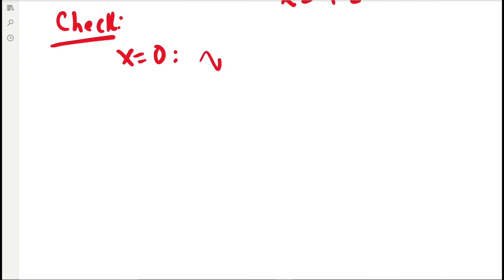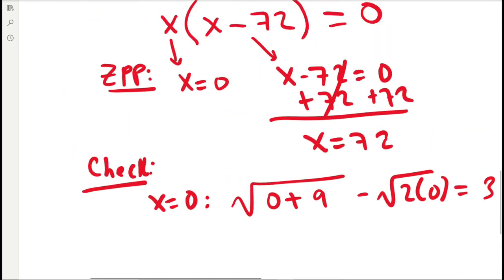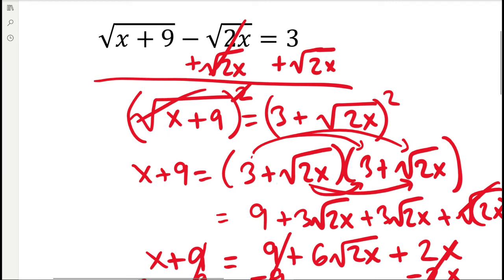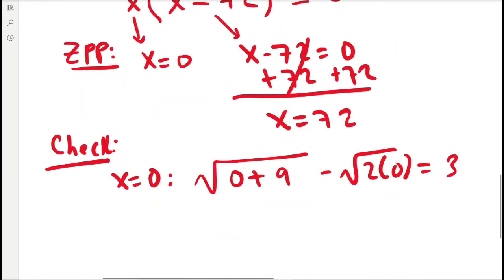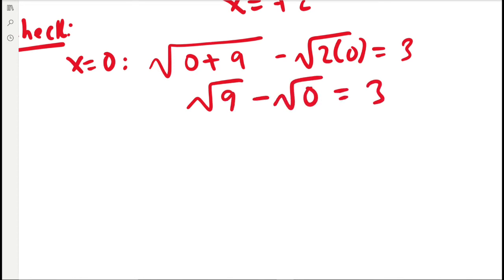I believe that's what the equation was, but I'll double check that. Yep. So we have the square root of 9 minus the square root of 0 equals 3. Square root of 9 is 3, square root of 0 is 0, so we get 3 equals 3. This checks out.